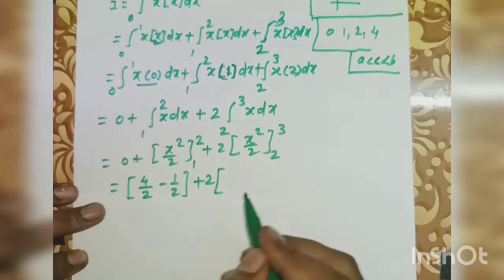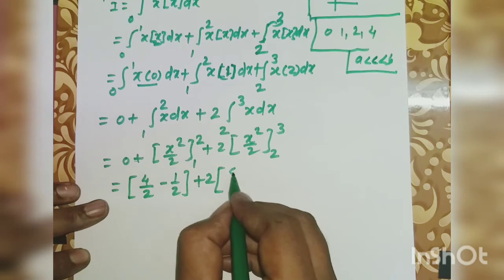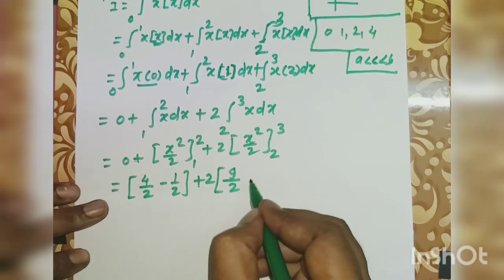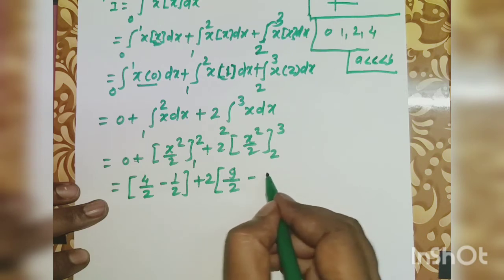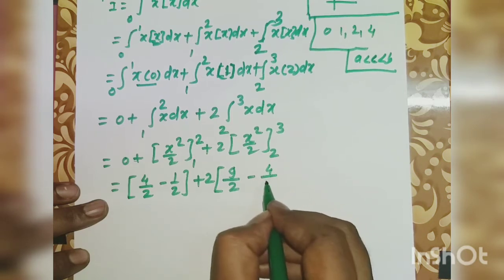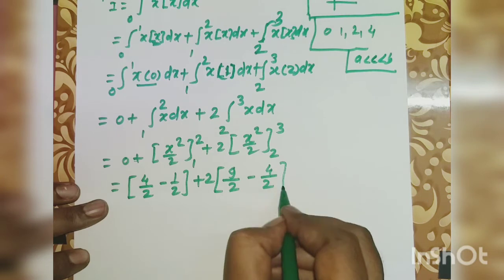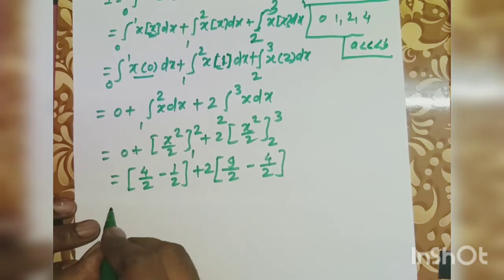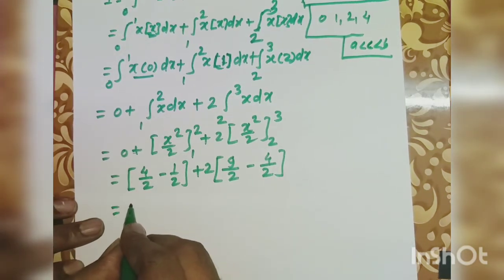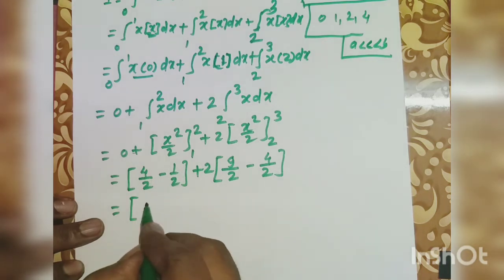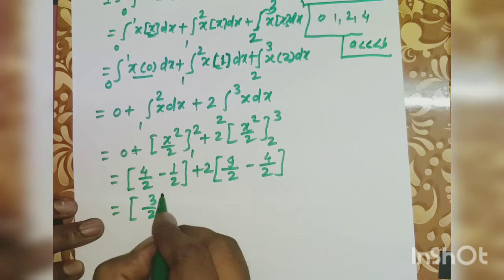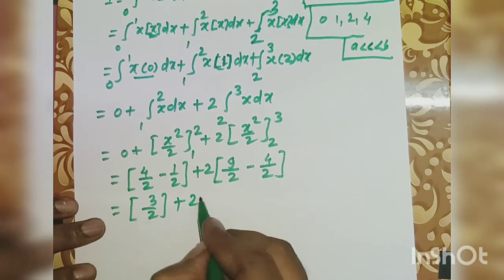twice. Here upper limit is 3, 3 square is 9 divided by 2, minus lower limit is 2, 2 raised to 2 is 4 divided by 2, is equal to, in the first bracket 4 minus 1 is 3, 3 by 2 plus twice.